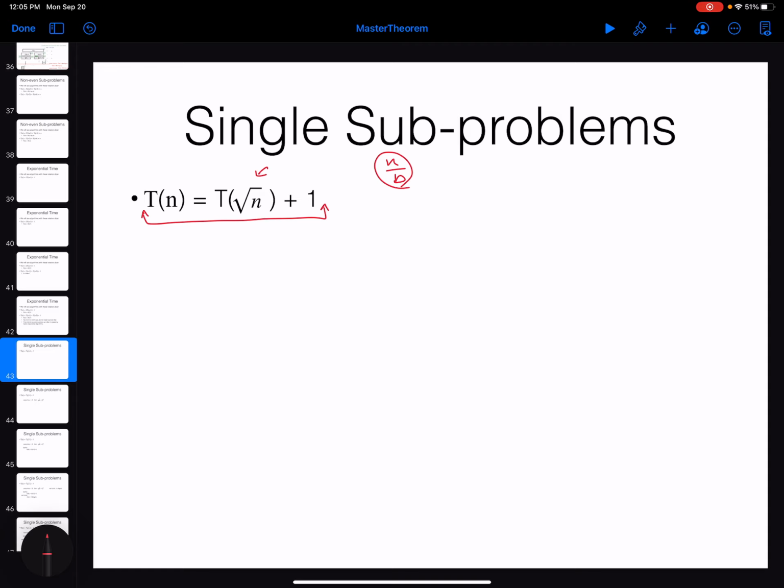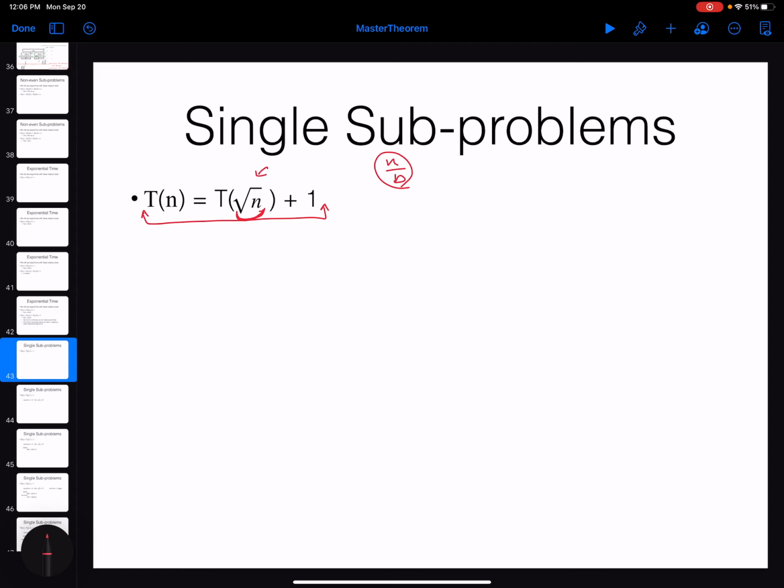Yet, you can see that these sub-problems actually look very complicated, because it is applying the square root to decrease the size of the problem.